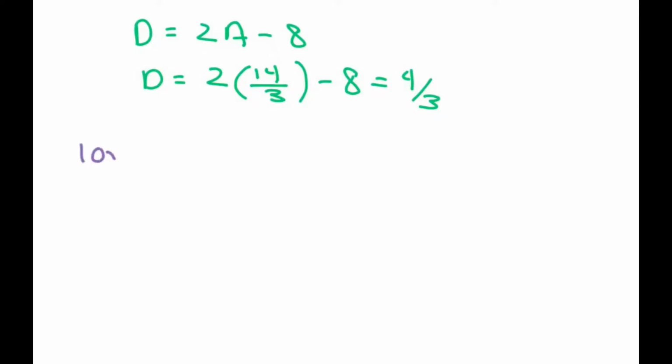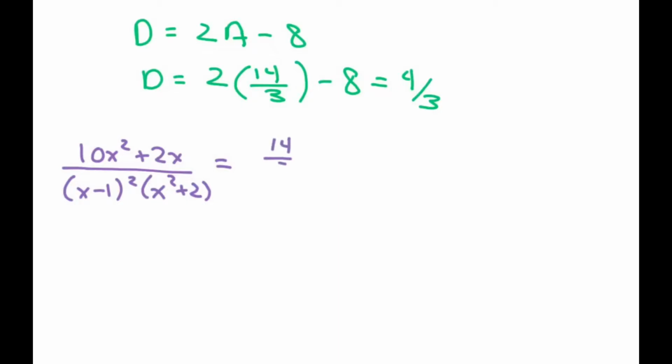We have 10x squared plus 2x over x minus 1 squared, x squared plus 2 equals my a, which is 14 over 3. There's my a, over x minus 1, plus my b, which was 4.